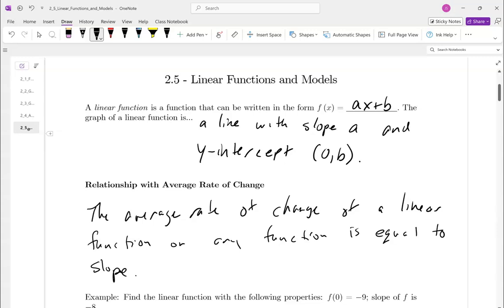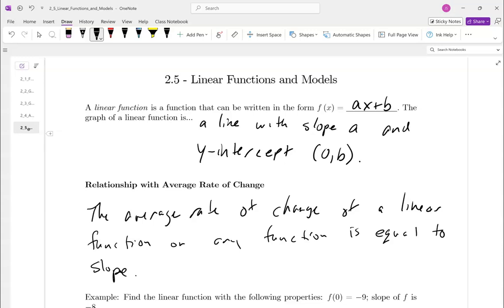No matter what interval we're talking about, if you look at the average rate of change of the linear function over that interval, it's always equal to the slope. It's always that constant. Okay. So a linear function in particular has a constant rate of change. It's a very specific property of being a linear function. The rate of change is constant.